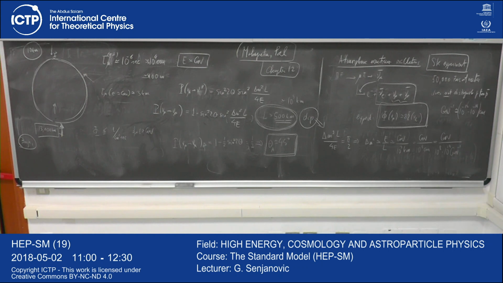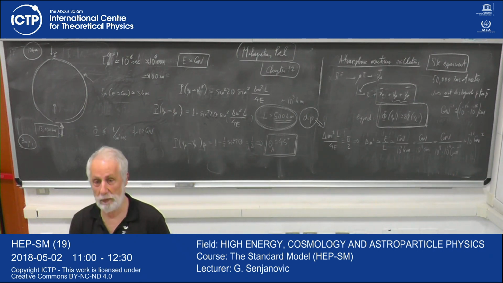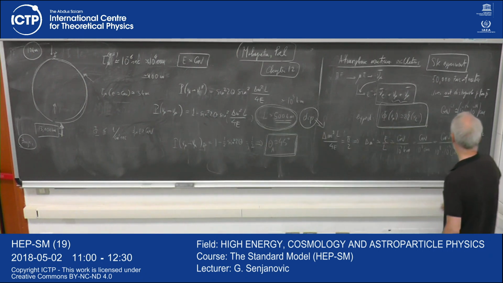Am I right? So this is 10 to the minus 21 GeV squared. Comes out roughly okay. But you see, okay, it's not precisely 10 to the minus 13. I should just expect to get them rough there. This is 10 to the minus 3 electron-volts.